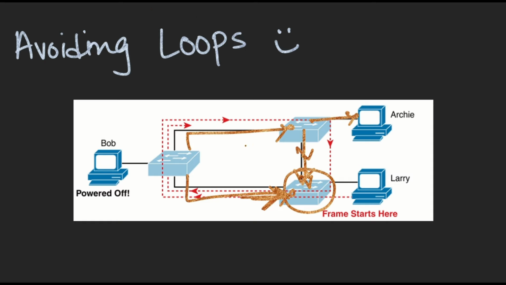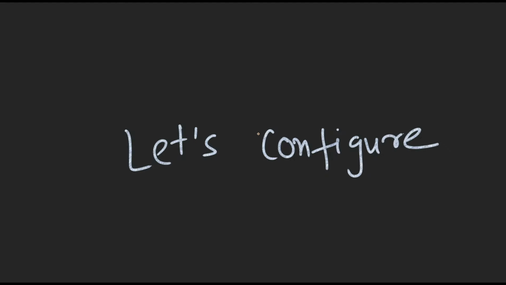Now another problem is that when this frame is transmitted again, it will travel indefinitely in this loop. So this is again a problem. To avoid these loops, we have the Spanning Tree Protocol, which we will discuss in more detail in some other video. Okay, now let's configure what we have learnt till now so that you get a better grasp of all the concepts.